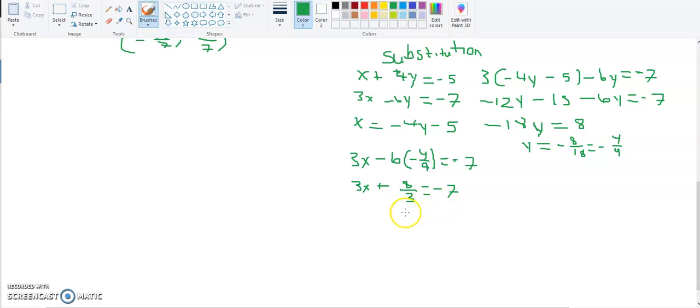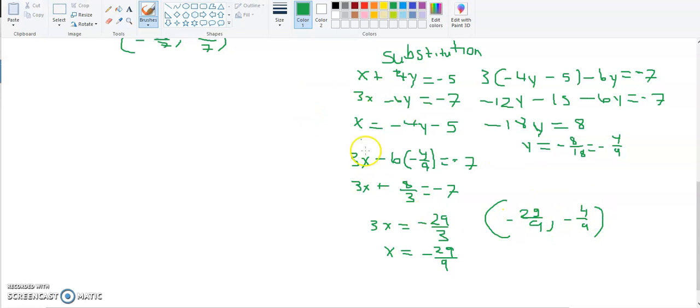Subtracting 8 thirds, negative 7 would be negative 21 thirds, so I get 3x is equal to negative 29 over 3. And then I divide, and I get x is equal to negative 29 ninths. So the answer is negative 29 over 9 and negative 4 ninths for this system of equations.